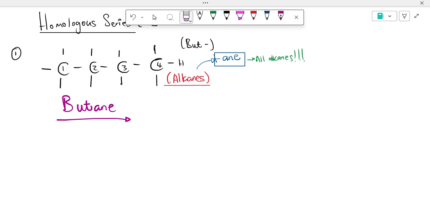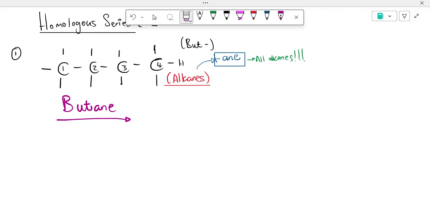But we also have what we call the general formula. So what is a general formula? A general formula is a formula that you can use to identify how many carbons or hydrogens are in a compound. For example, in an exam, they might give you the name butane and ask you to draw the structural formula.